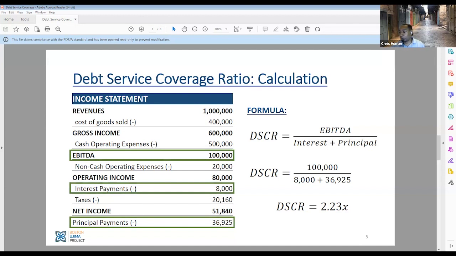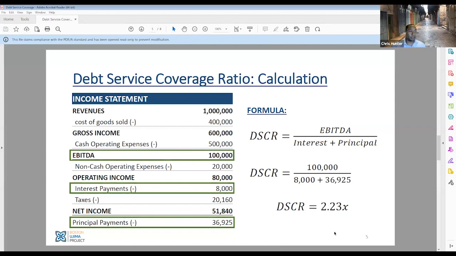And now I think, like we were speaking about before, that's above 1, which is good. It's even above 2, which is even better. And really what it's saying is, great, if we look at all these expenses in the business, I was able to pay my cash expenses, I was able to pay these non-cash expenses, I was able to pay my interest expenses and my principal payments, and I still had some left over to cover what was left.